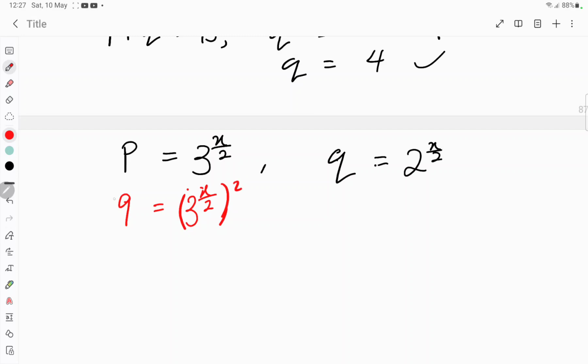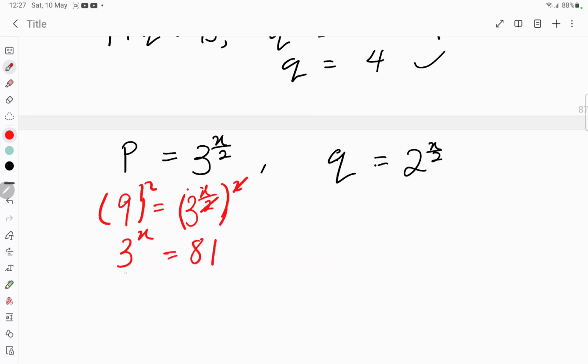All we have to do now to get the value of x is just to square both sides. This will cancel out the power of a half, so that we now have 3 power x equal to 9 squared, which is 81.